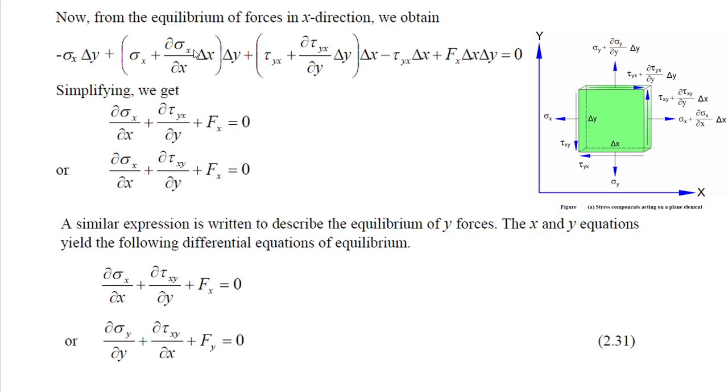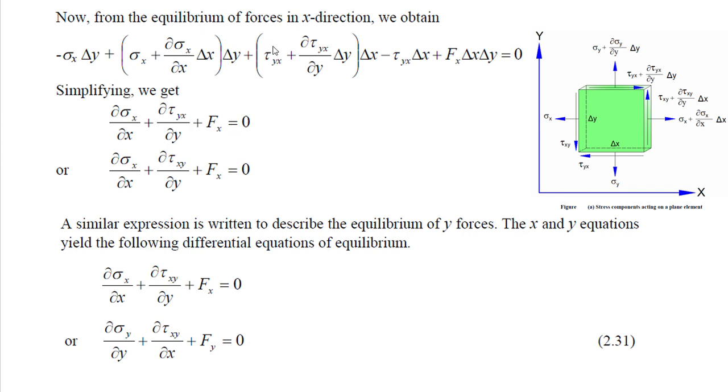After simplifying this particular equation, we finally get dou sigma x by dou x plus dou tau yx by dou y plus body force f of x is equal to 0. This is the final equation we get after solving.